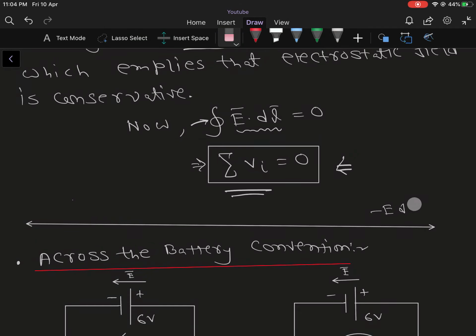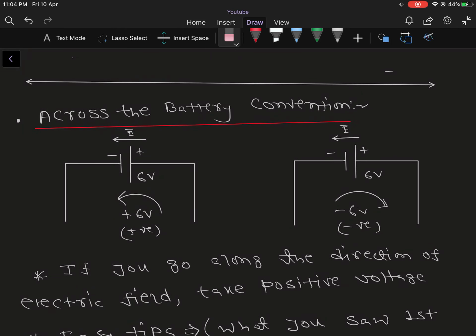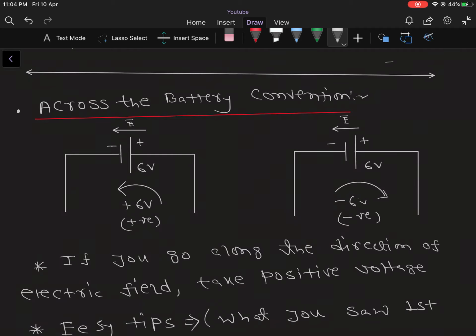Now to our battery convention. While we are going through a loop, if we go in the direction of the electric field inside the battery, which is plus to minus, and we go in that same direction, we take the voltage of the battery as plus.